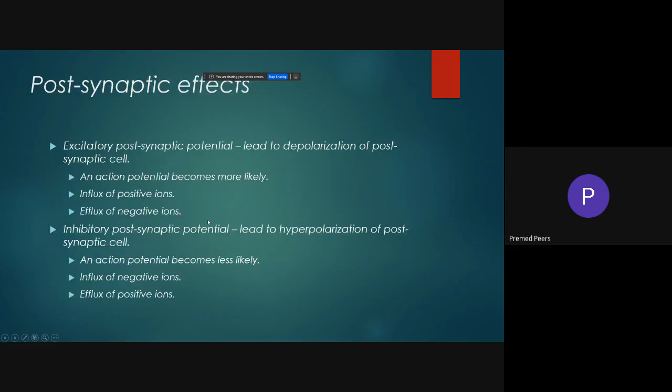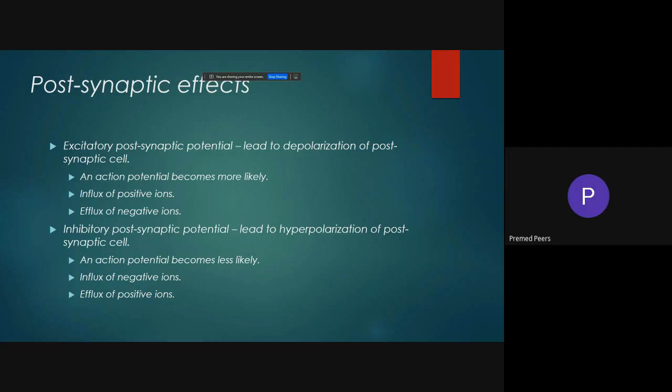Okay, the neurotransmitter has bound to the postsynaptic cell, and we've let in ions somehow. So what happens next? Well, there are two categories. We can have an excitatory postsynaptic potential, and this is whenever, through some exchange of ions via those channels, we have depolarized the cell.